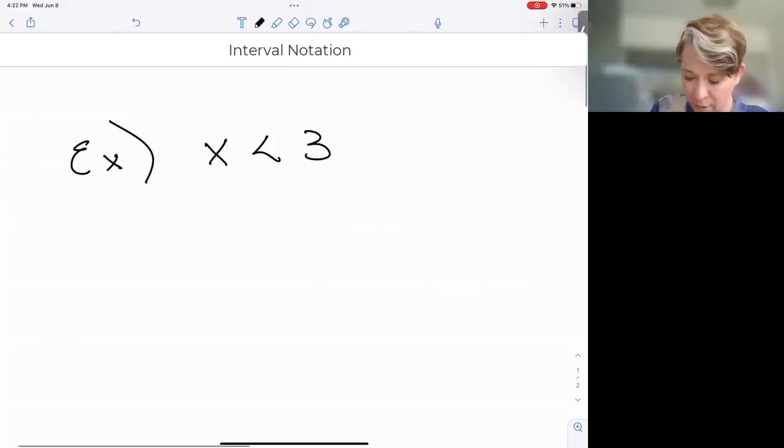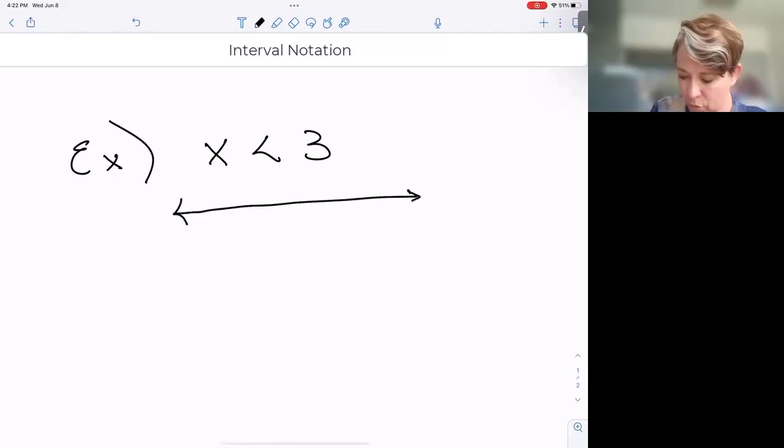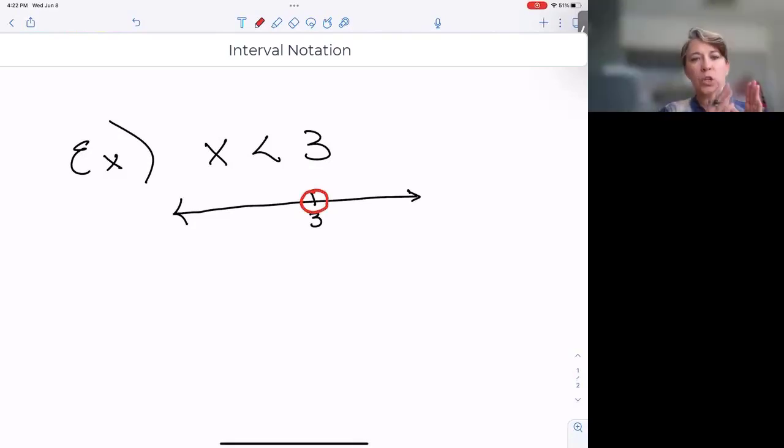If we were to graph that on a number line, and say here's the 3, we want to know where all of the numbers smaller than 3 are. Well, if you remember way back to when you first learned inequalities, you probably did what we'd call an open circle at 3, meaning we're going to stop all of our solutions up to 3, but we're not going to include 3.